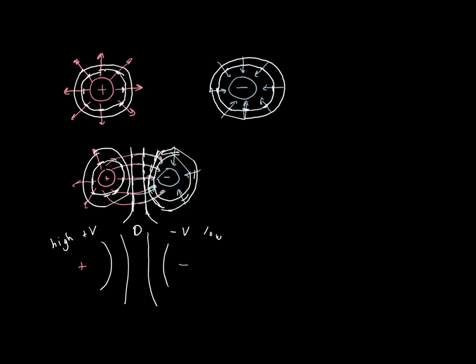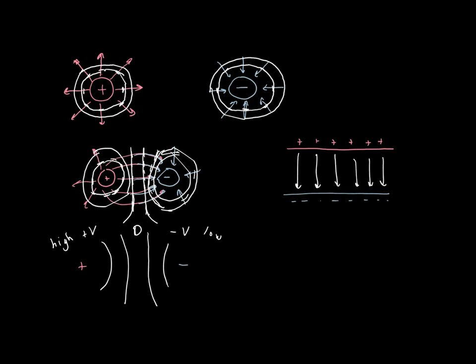Now if you have parallel plates, this one's easier to visualize. So field lines go down from positive to negative plate.